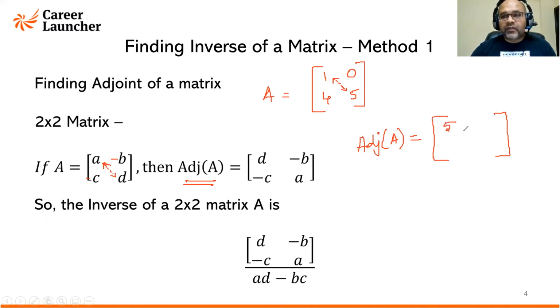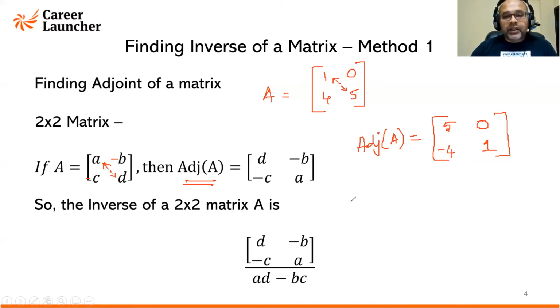So it becomes 5 and 1. Then for the other diagonal, just put a negative. Negative into 0 becomes 0 itself, so there's no change. But 4, when you put a negative, becomes minus 4. So the adjoint here is 5, 0, minus 4 and 1. This is how you find the adjoint of a 2 by 2 matrix.